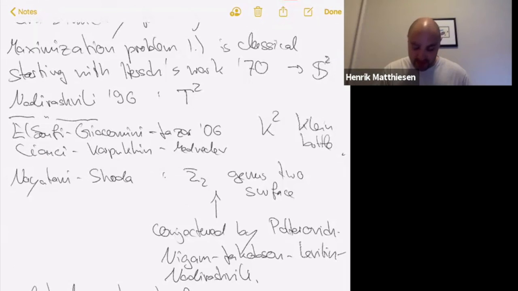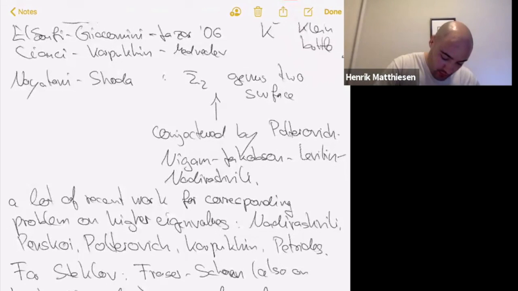So now let's see what we proved. Here's the first theorem, which is joint with Anna from last year. It just says you can solve this maximization problem for the first eigenvalue on a closed surface. So let Sigma be a closed surface.